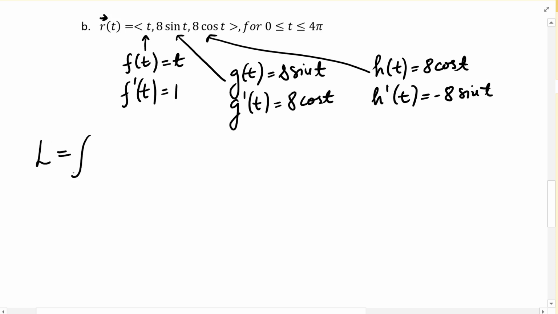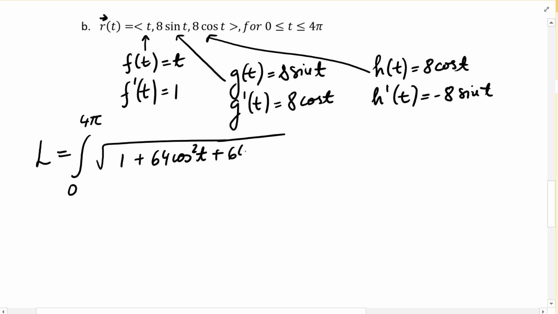So the length of the curve is the integral from 0 to 4 pi of the square root of f prime of t squared, that's 1 squared, which is 1, plus g prime of t squared, that's 64 cosine squared of t, plus h prime of t squared, that's 64 sine squared of t, dt.